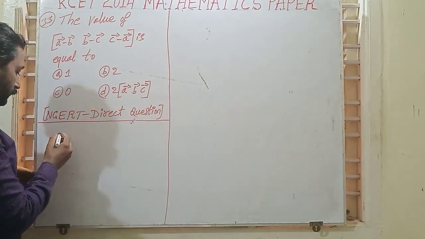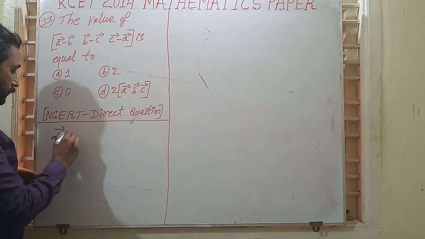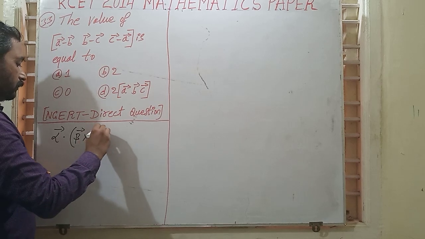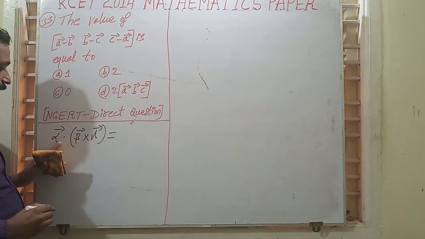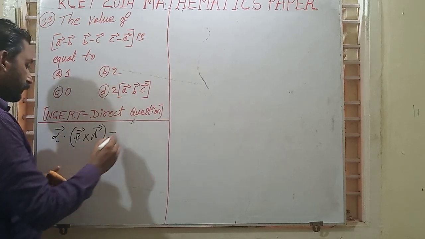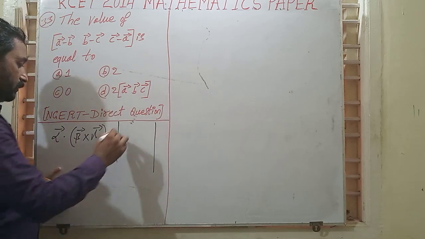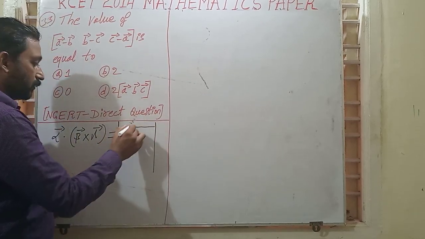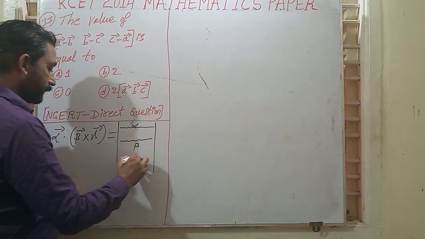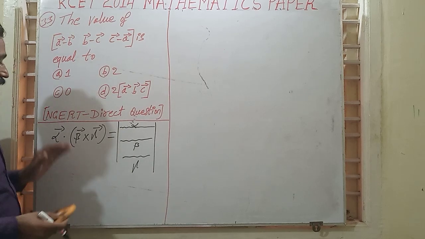Using the scalar triple product formula, we know that for vectors alpha, beta, gamma, alpha dot beta cross gamma can be written as the modulus of the determinant, where the first row contains the scalar components of alpha, the second row contains those of beta, and the third row contains those of gamma.